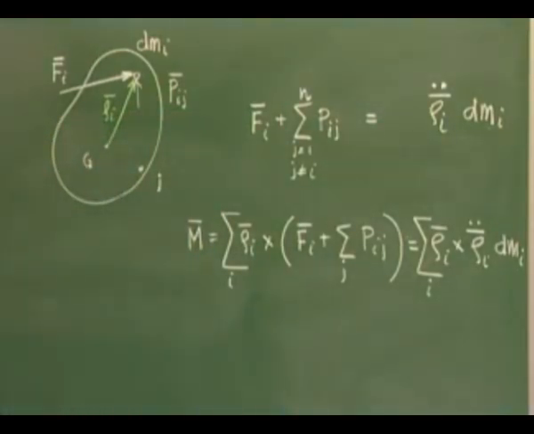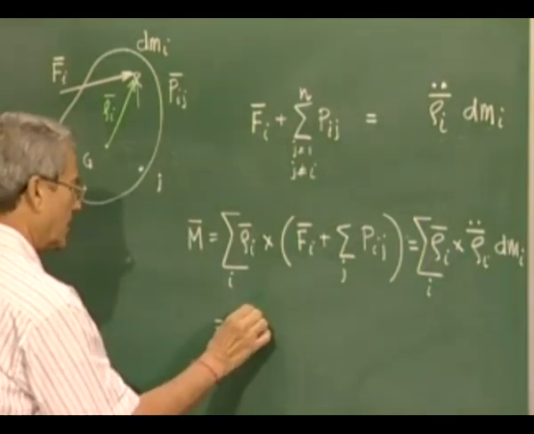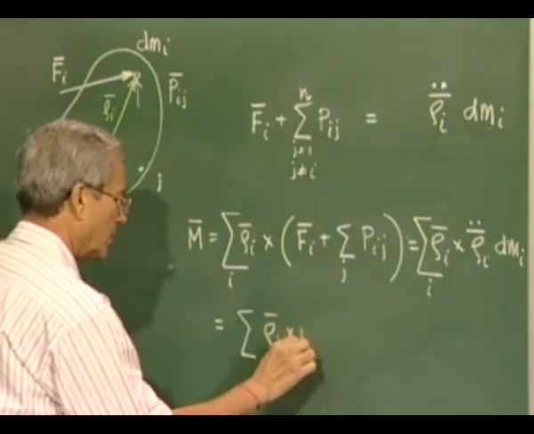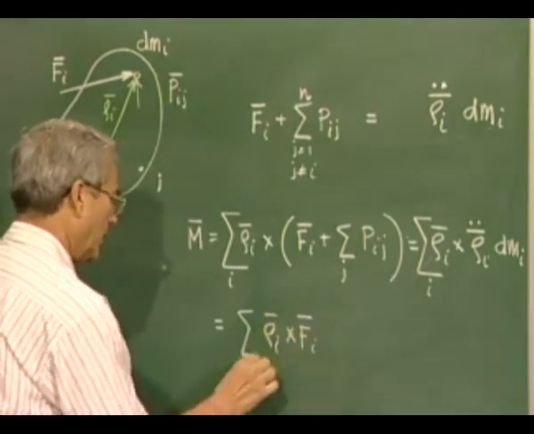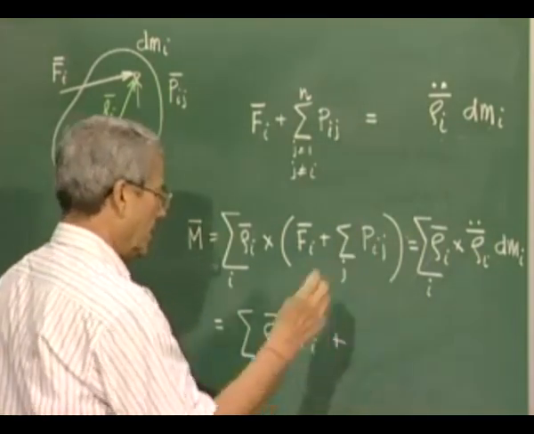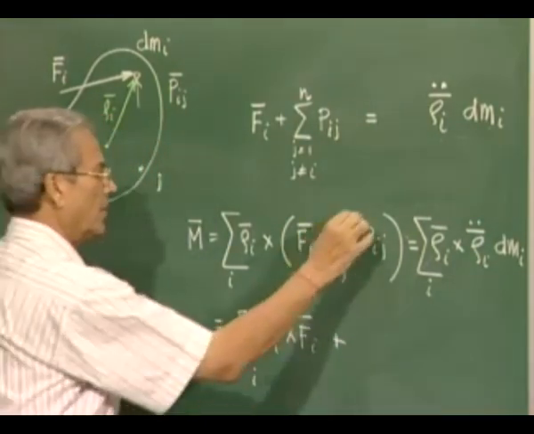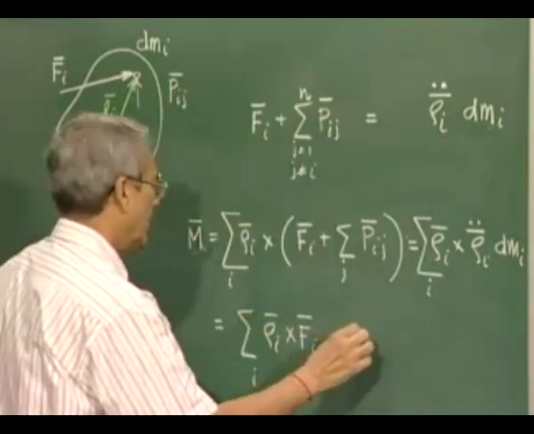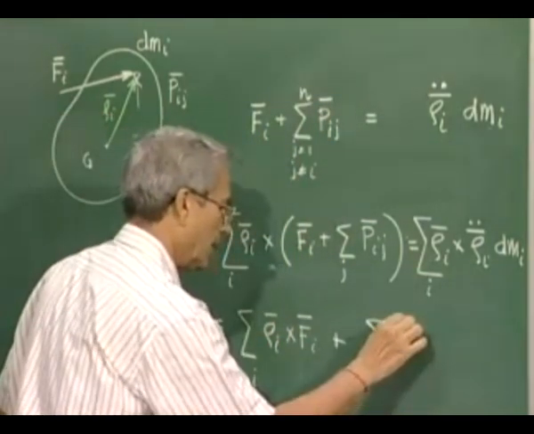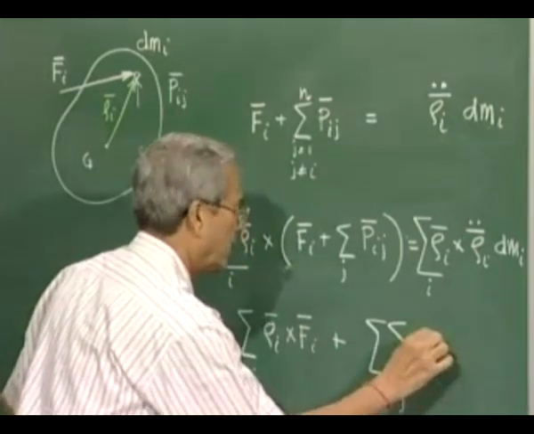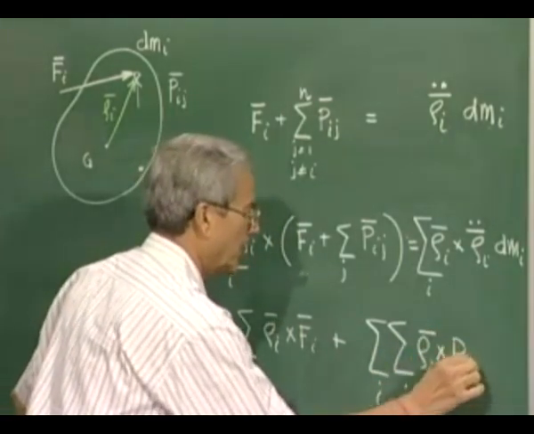So this is going to be the sum over i of rho i cross Fi, plus a double sum over i and j of rho i cross Pij.